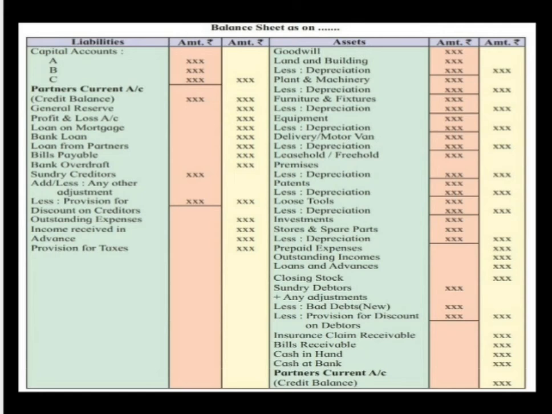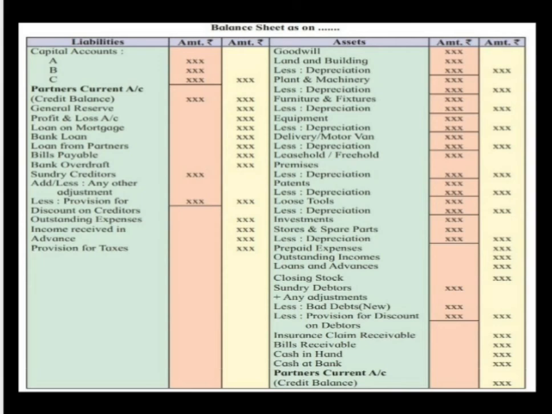And then come to the current assets. Prepaid expenses, outstanding income, loans and advances, closing stock, sundry debtors, now insurance claim receivable, bills receivable, cash in hand, cash at bank.